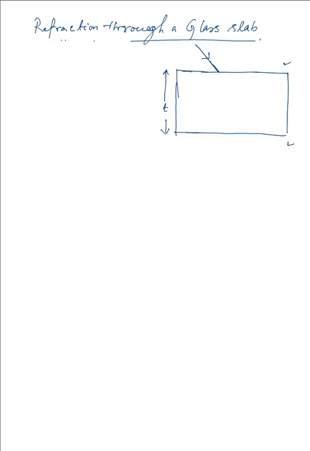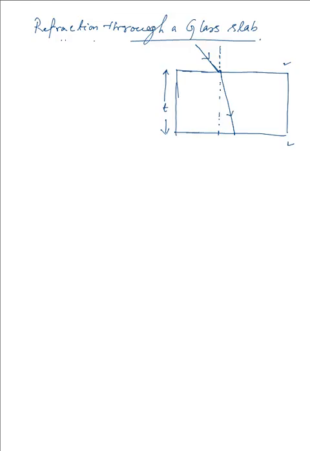As a result, the light ray bends as it moves from one medium to the other, which is exactly the case over here. It is bending. Now, as it bends, it moves to the other surface. This is the refracted ray that we are considering over here.